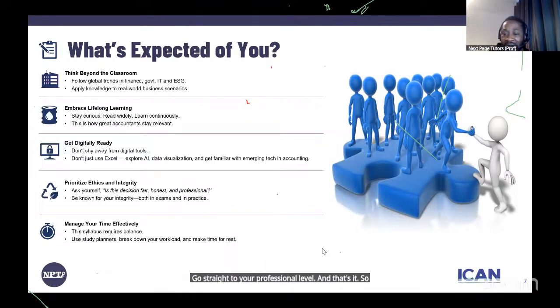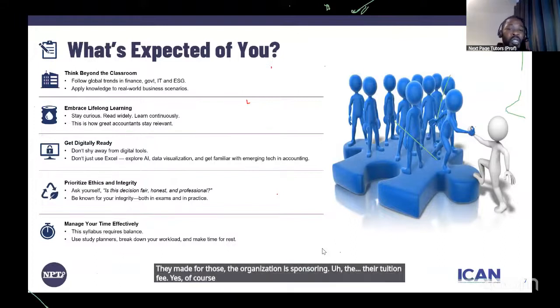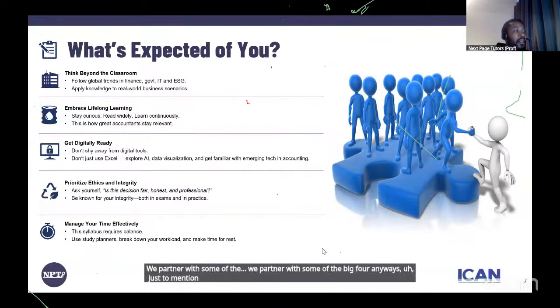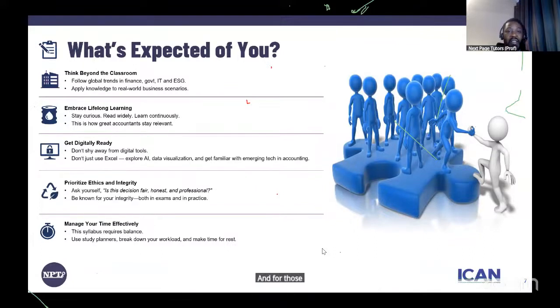Will attendance be made for those the organization is sponsoring their tuition fee? Yes, of course. We partner with some of the Big Four, just to mention. And for those Big Four, sometimes they might demand some information directly from us.